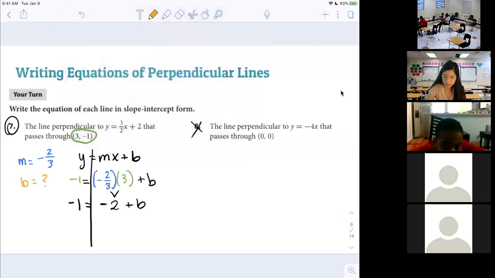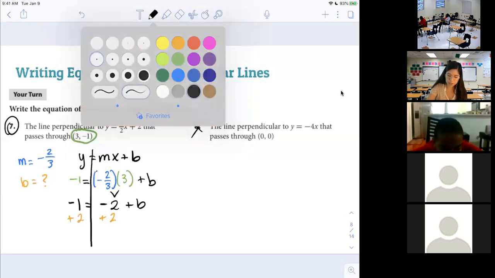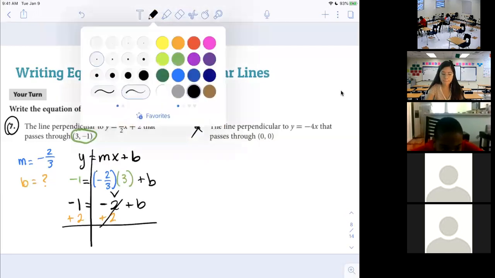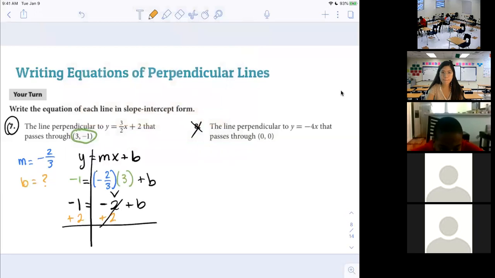I have to add it to both sides. That's what a couple of people did wrong. So that was important to make sure you got that. And when you add it to both sides, what do you get for b? Good, I get +1. So b is 1, slope is -2/3.